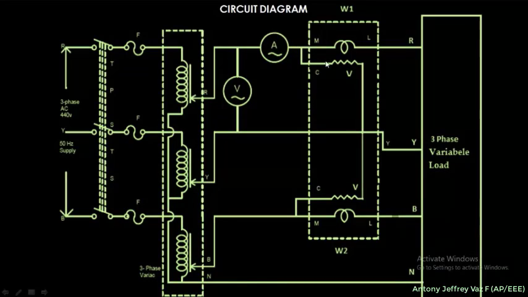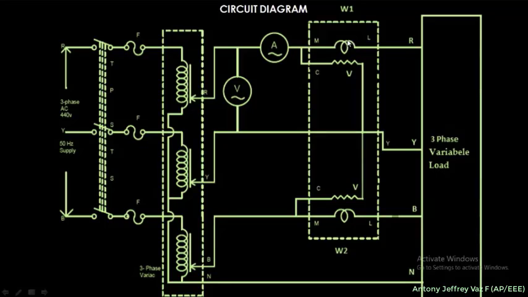Next, to measure the power which is delivered by the circuit, you use a wattmeter. We have two wattmeters, W1, this one, and W2, this one. These two wattmeters are used to measure the power which is delivered to the variable load. To do this, we need two wattmeters, and this method is known as the two wattmeter method.